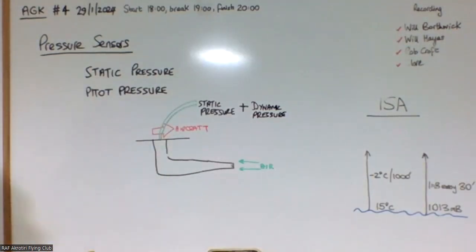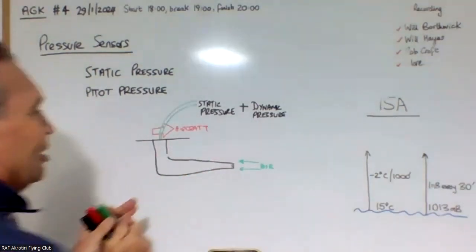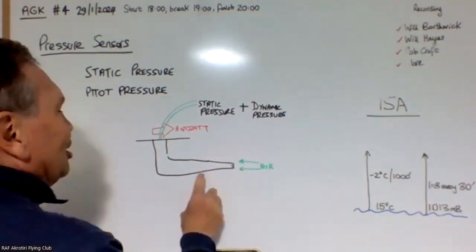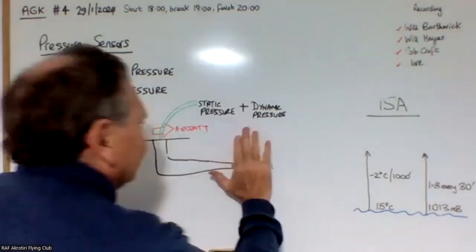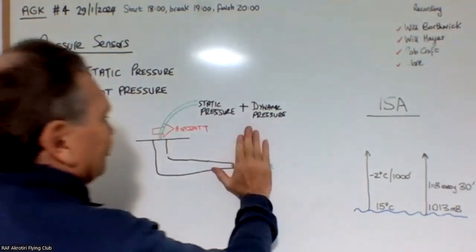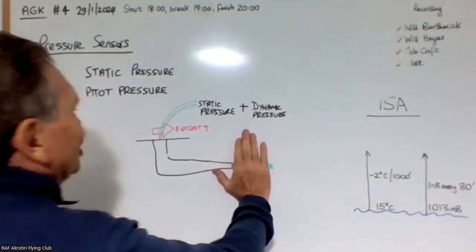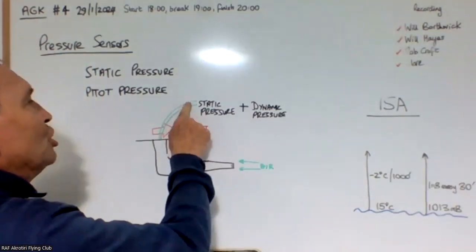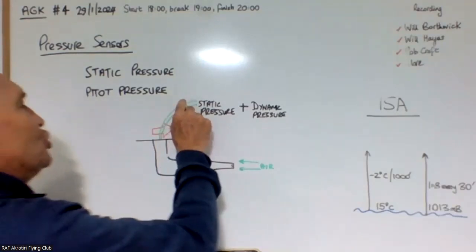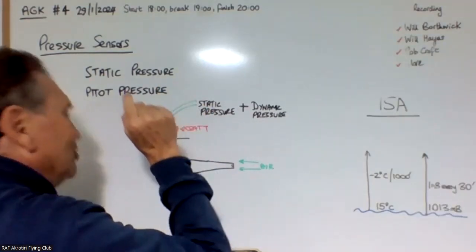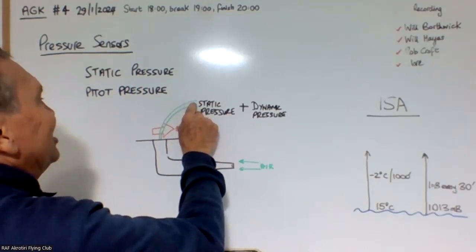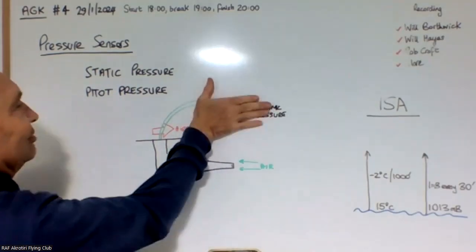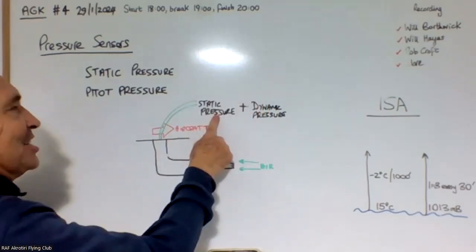Can you see that? Yeah, I got it. Because if the plane was stationary, what would be in this tube? Just static pressure. It would be static pressure.